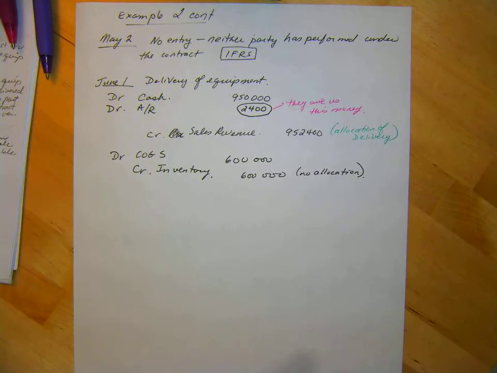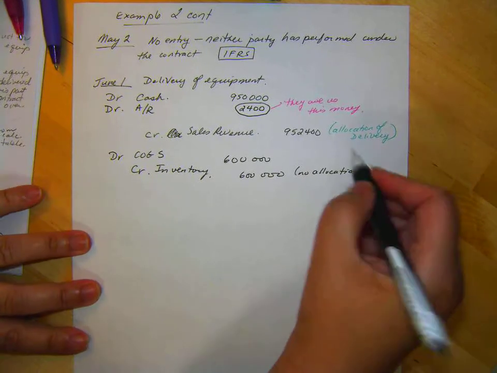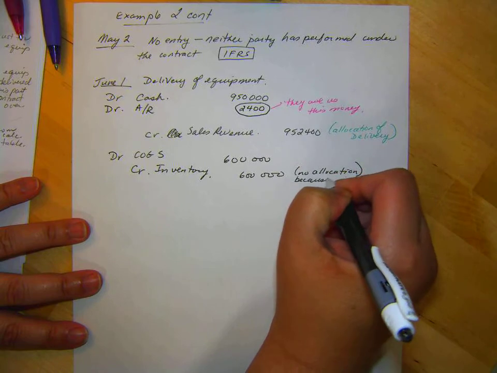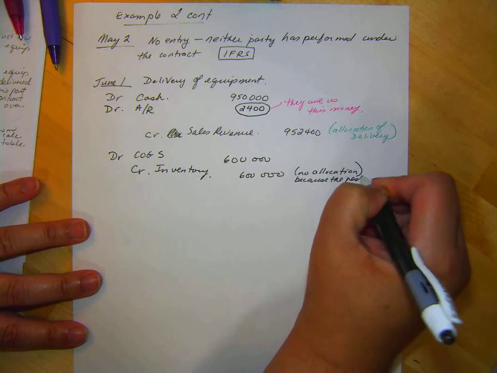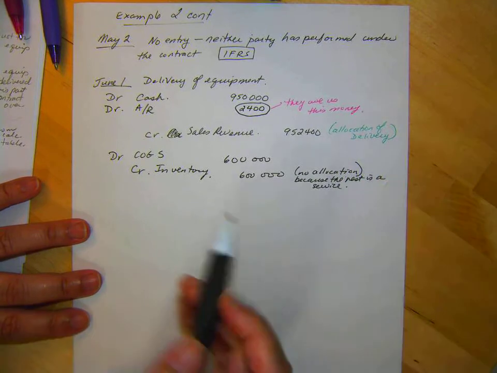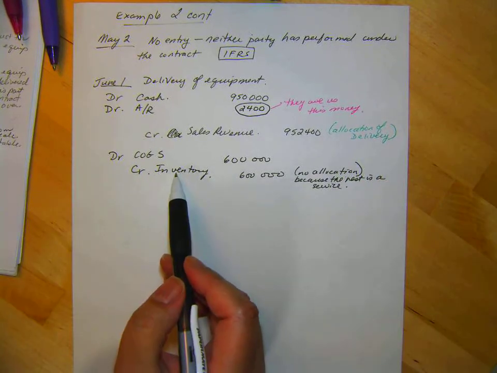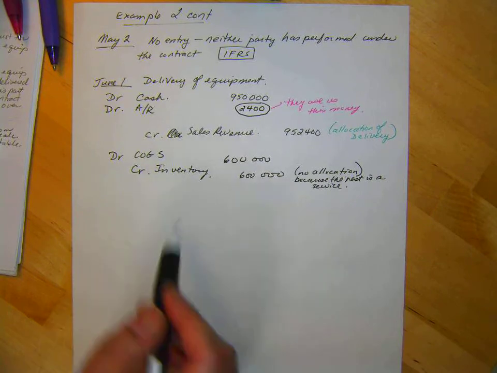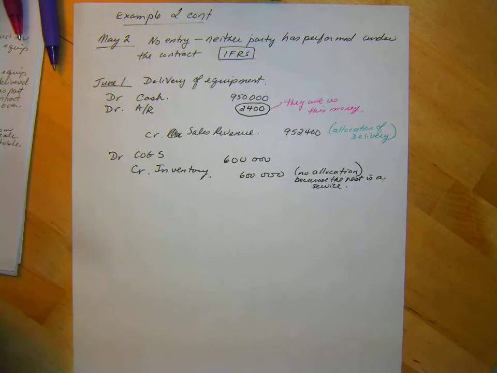I'm just going to put a little caveat on it. No allocation because the rest is a service. Okay? If somehow the inventory was in 2 parts, you'd have to split it, right? Some go now, some would go later. Does that make sense?